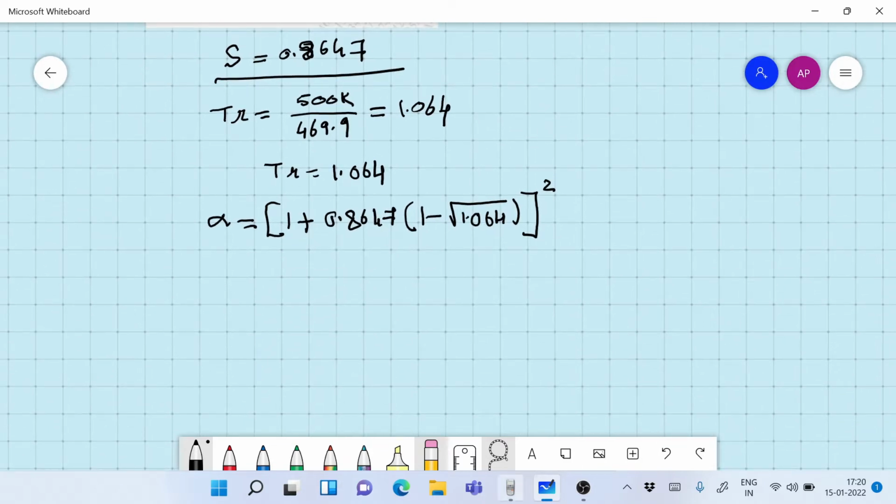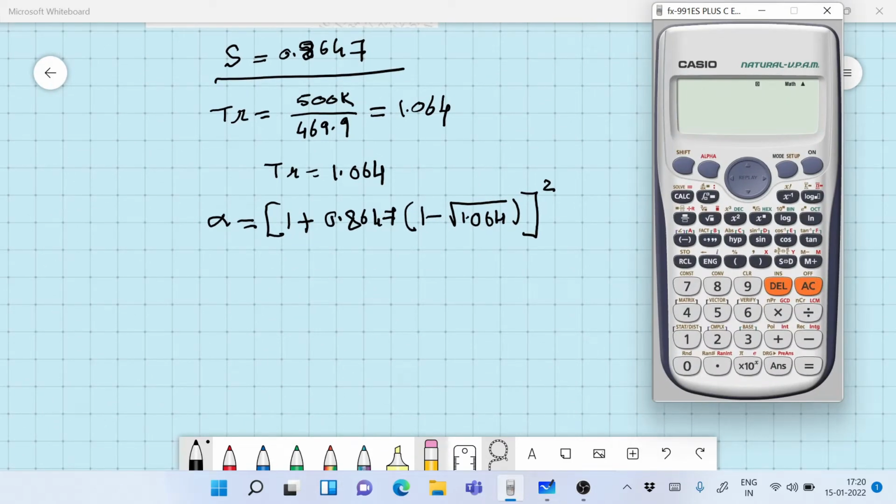Now, we use our trusted calculator to do this numerical donkey work. We start our bracket, and it's 1 plus 0.8647 multiplied by, start the bracket once again, 1 minus square root of 1.064, end the bracket, and square it up.